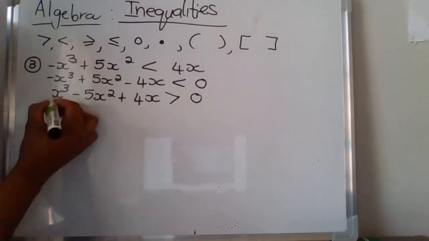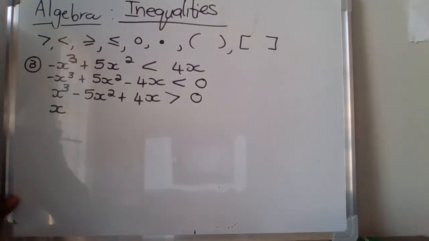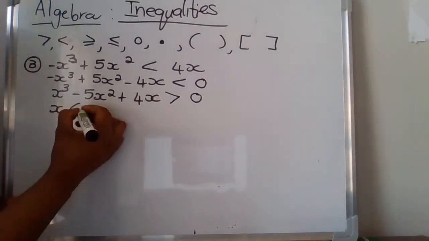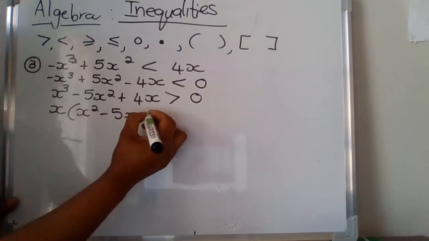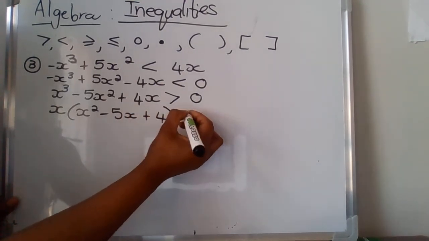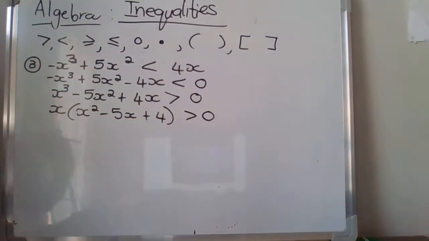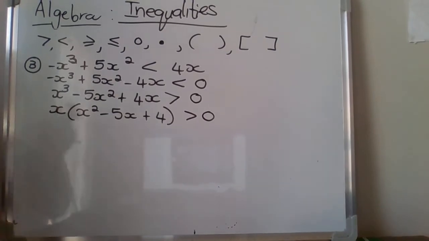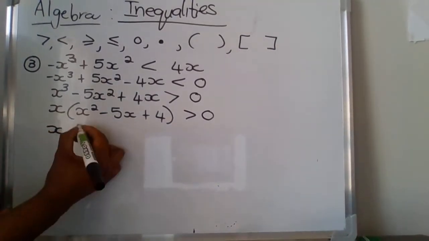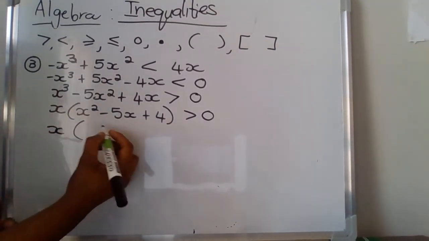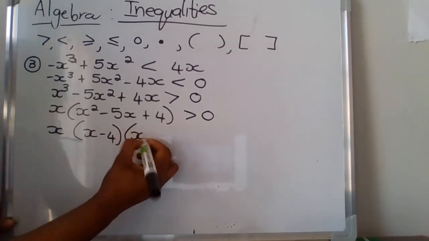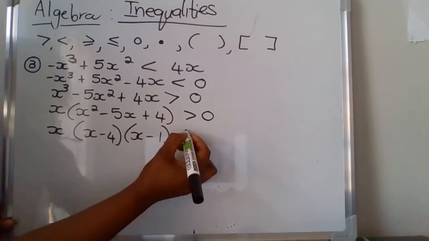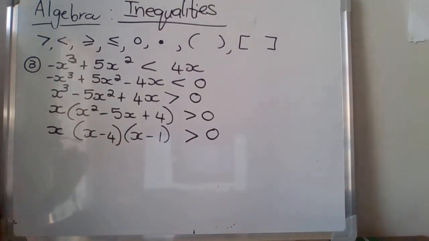So first thing I can see, I have x as a common factor. So then I'm left with x squared minus 5x plus 4 is greater than 0. If I then factorize this, it's x times x minus 4 times x minus 1 is greater than 0.